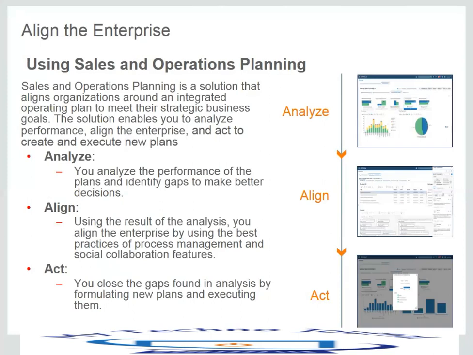SNOP also provides process management functionality, and social collaboration features are an embedded part of this to get everyone on the same page, right? It helps in closing the gaps and allows you to create new product demands, and also helps in supply plans and execute on these plans by linking them with Oracle's tactical planning systems, right? So analyze, align, and then act on that.